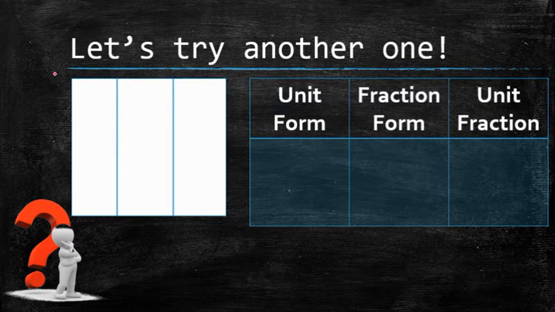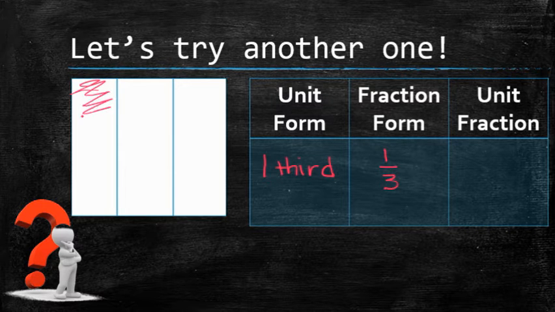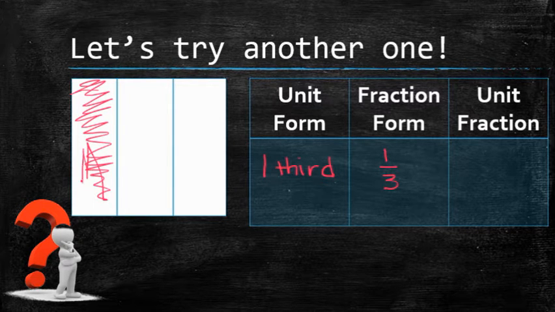Okay, so here we have the same square divided into 3 equal parts. Okay, and so we know that 1/3 would be the unit form, and the fraction form is going to be 1/3. And if we shaded just one of these sections, we'll pretend like it's all shaded.